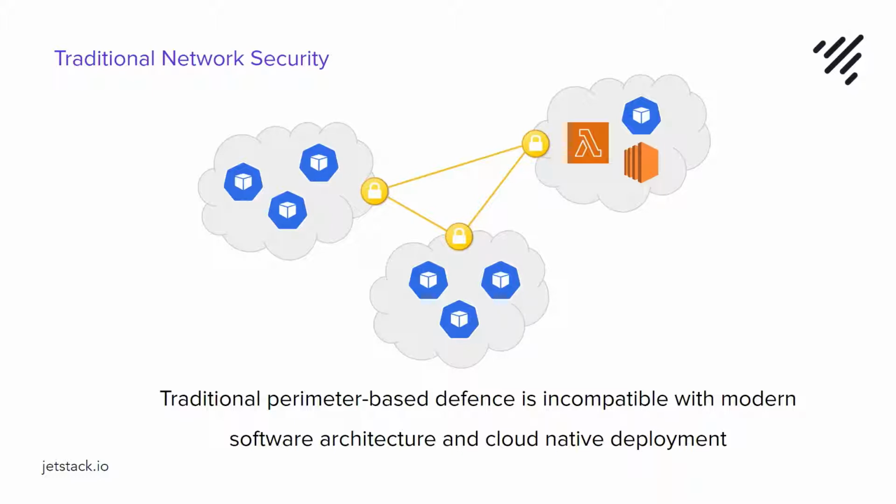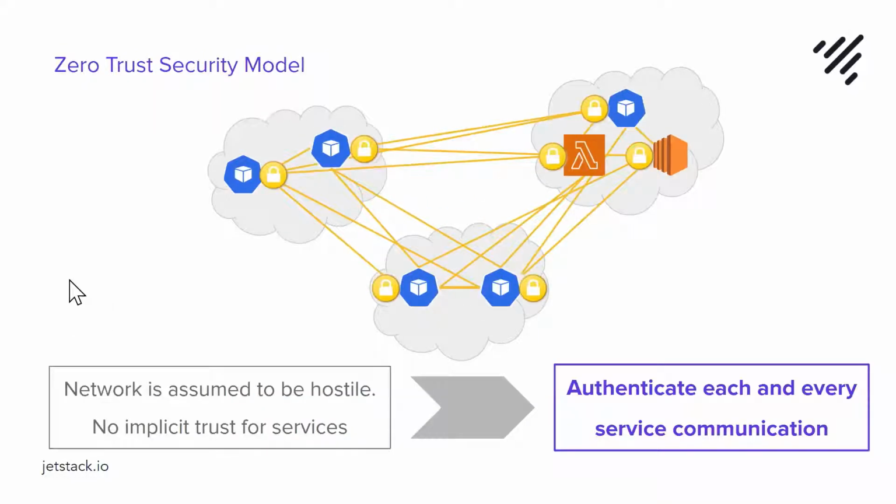Some are very short-lived, some much longer-lived. And it's not just Kubernetes, right? We've got functions, serverless, standard virtual machines, and of course infrastructure on premise that we also need to integrate. So it's clear that the perimeter-based approach just doesn't fit, and it doesn't scale, and it's incompatible with how we're building and deploying software today.